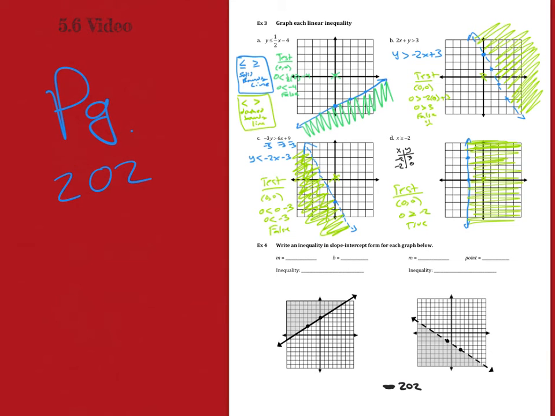All right, finally, let's take a quick look at example 4. So we get these two problems where the graph is given to us and we have to write the equation, or the inequality. Okay, so what we're going to do here is say that I know my slope is up 2 over 3, so my slope is 2/3. My y-intercept is 1, 2, 3, 4, positive 4, so 0, 4.